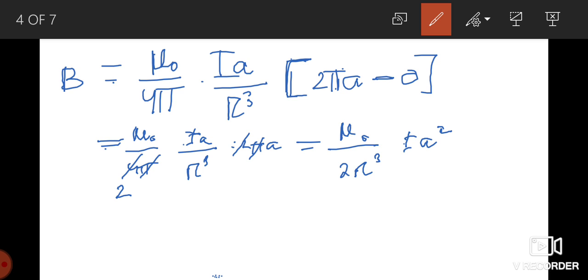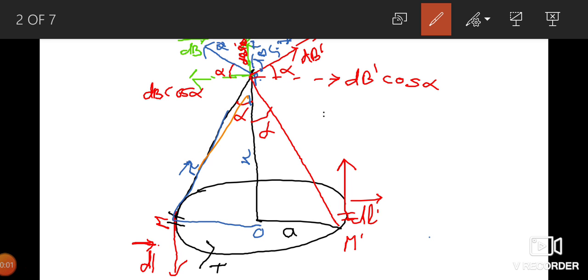From the figure we can get the value of r. This is r, this is the radius a of the circular coil, and this distance is x. As it is a right angle triangle, r becomes root over a square plus x square.